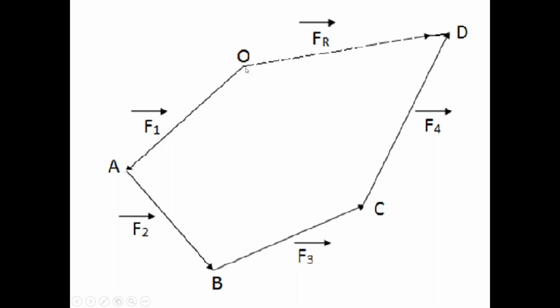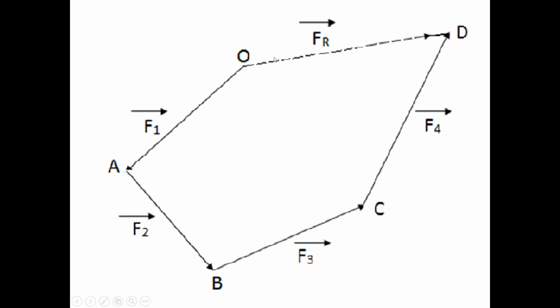Check the diagram. Here, the force F1 bar direction is continued by force F2 bar. It is continued by force F3 bar. It is continued by force F4 bar. All the four forces are in the same order. But this closing side direction is opposite to all these four directions.